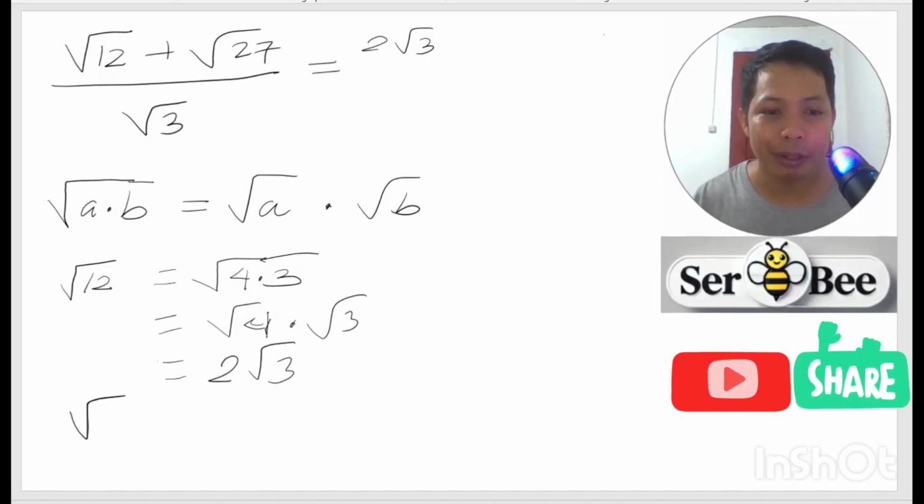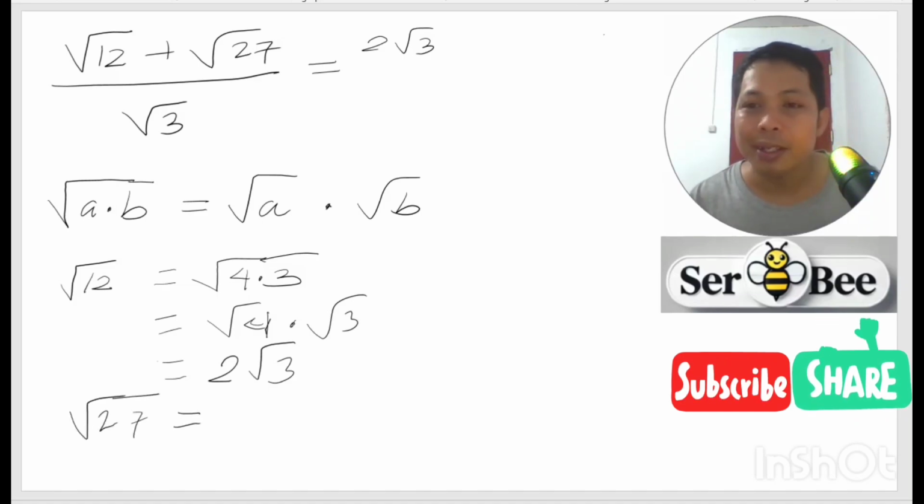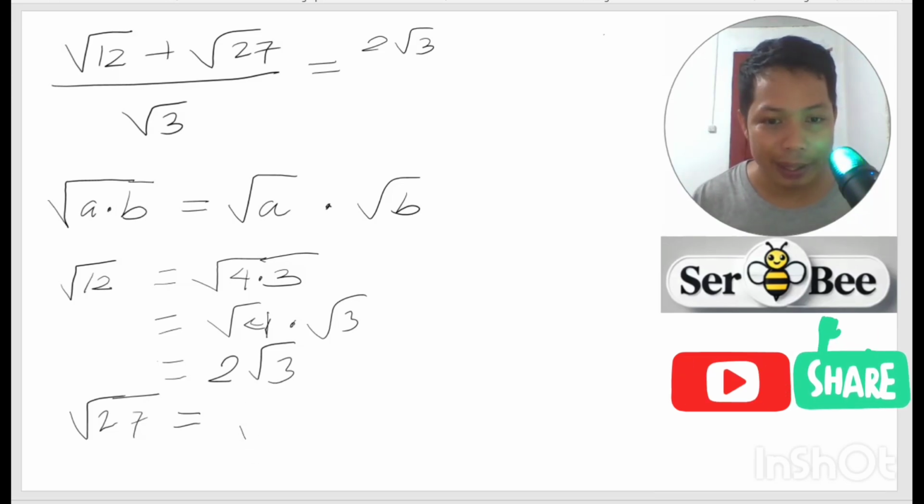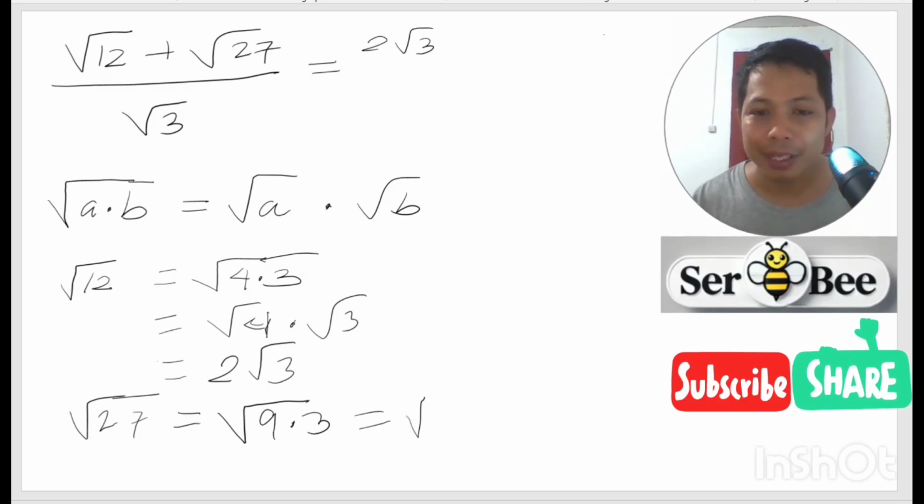How about square root of 27? 27 has a factor which is a perfect square, and that is 9. So you can write this as square root of 9 times 3, which is equal to square root of 9 multiplied by square root of 3.